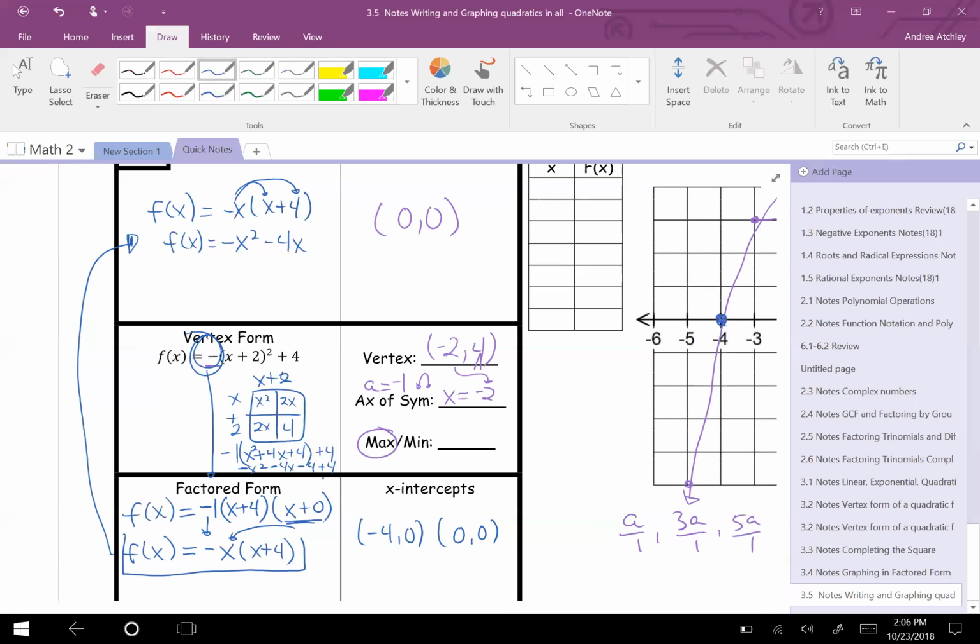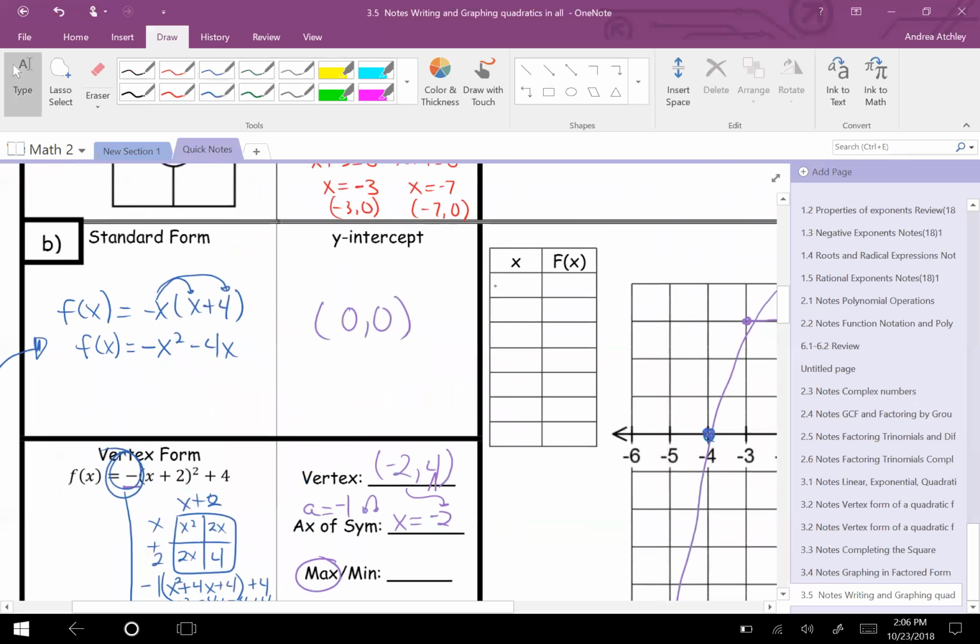Any questions? We also had our ordered pairs. So we were at -5 and -5, then -4 and 0, then -3 and 3, then at -2 and 4, then at -1 and 3, and 0 and 0 and 1 and -5.